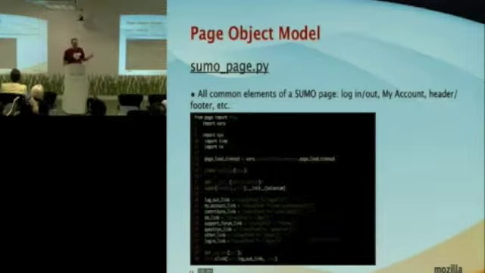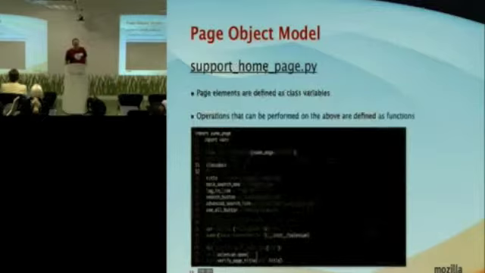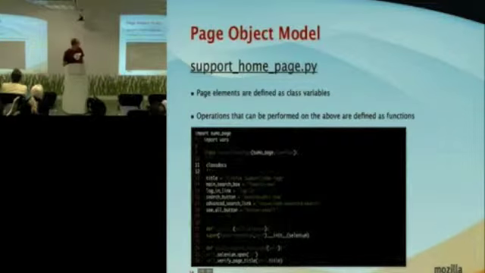There's a bunch of things underneath it in terms of clicks and verifies, but again, they're going to be specific to just a sumo page, any sumo page, not a specific type of page like a search page or a knowledge base page. And then if you have a home page like this, the page elements are defined as class variables, and these are all the very, very specific things.